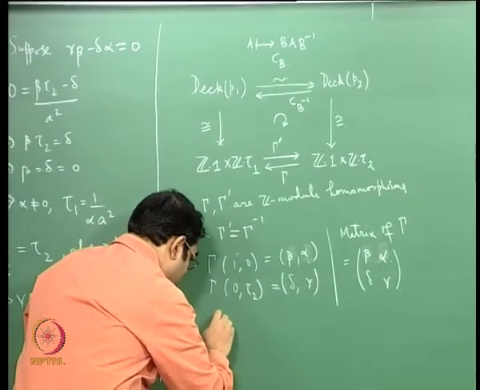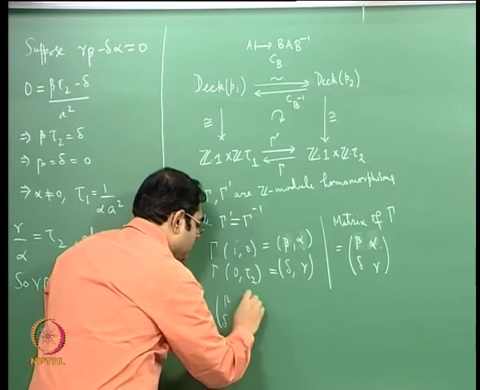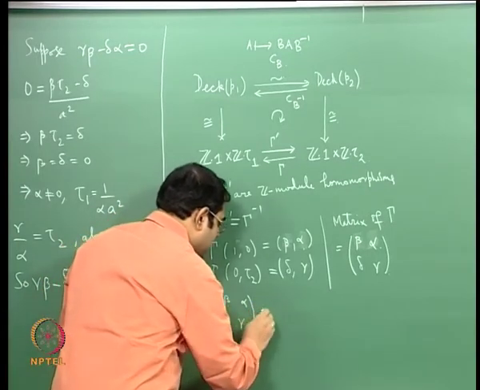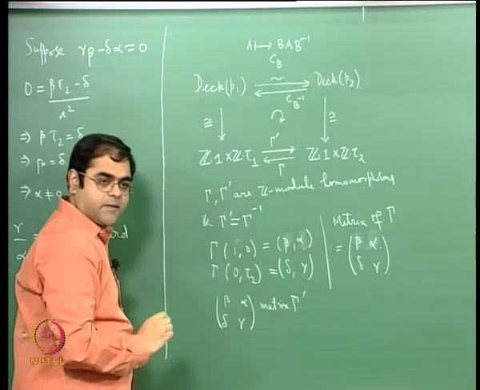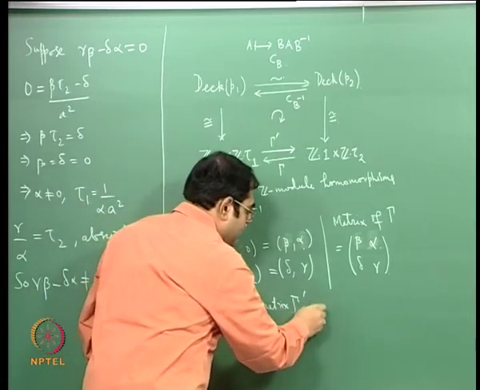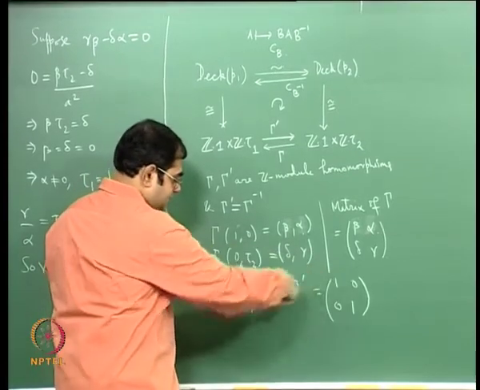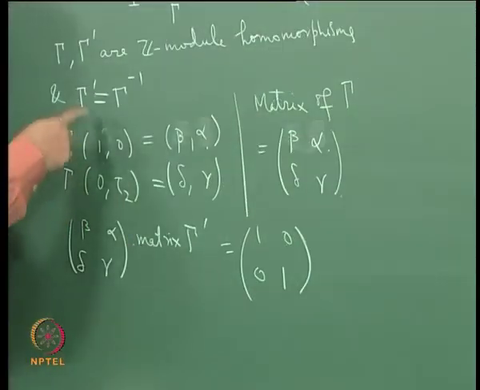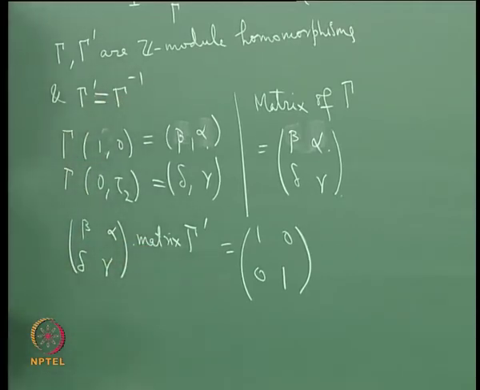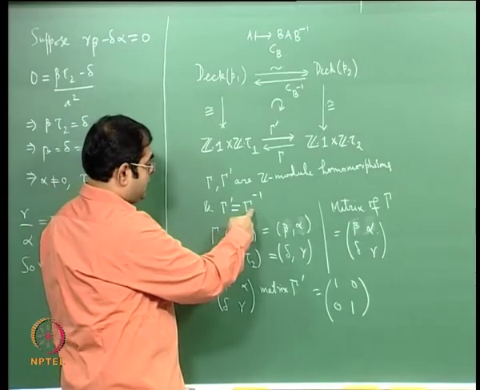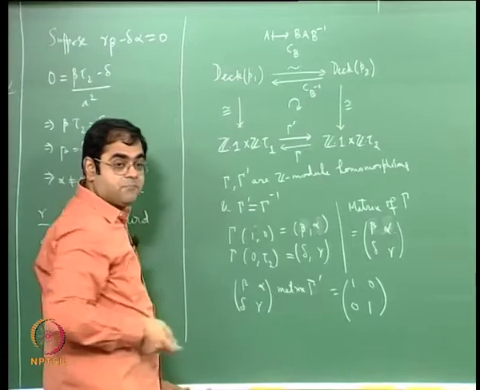So the matrix, let me write this here, beta alpha delta gamma, alright, times the matrix of gamma prime, okay, if I compose I should get the identity matrix, and I get this because gamma is the inverse of gamma prime, that is right, okay, gamma prime inverse is gamma, inverse of gamma is gamma prime, alright.